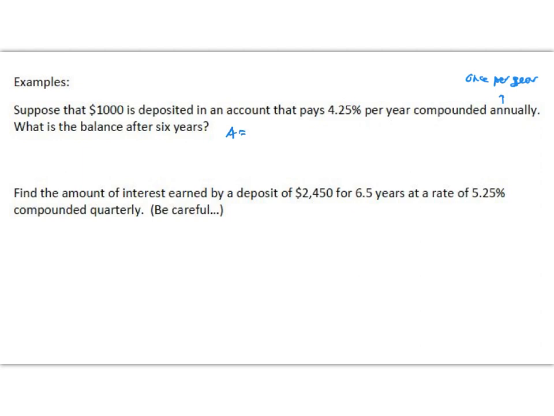Our account balance, our future value, is going to be $1,000 times 1 plus our rate, 0.0425. Now, normally I'd divide that by something, but since I'm compounding annually, I'm really dividing by 1 here. So I have to give you the heads up that the dividing by 1 is optional in this situation.